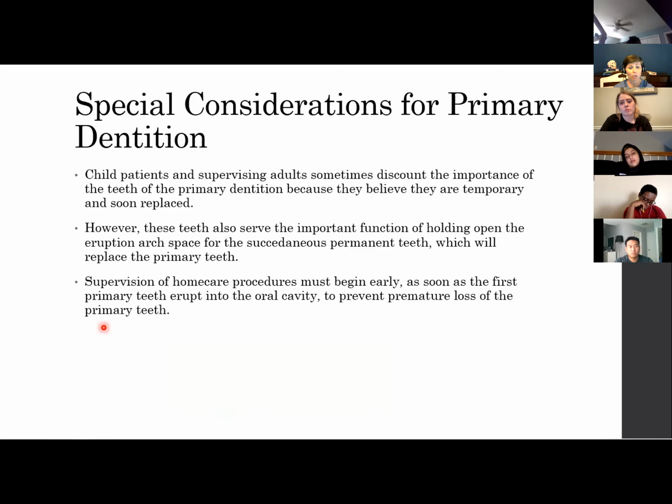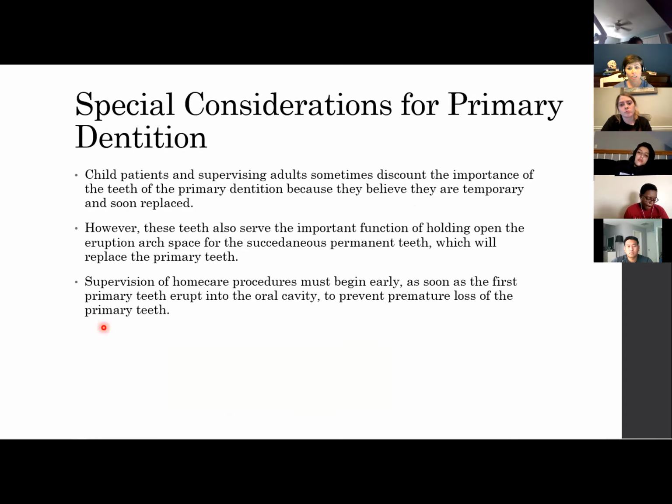All right, special considerations for primary dentition. Child patients and supervising adults sometimes discount the importance of the primary dentition because they believe the teeth are temporary and soon going to be replaced. I will teach you differently. These teeth also serve an important function of holding open the eruption space for the succedaneous teeth, which will replace them with the permanent teeth.